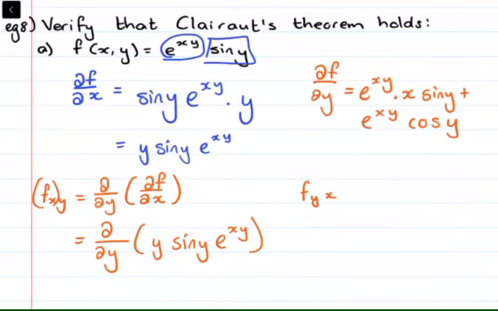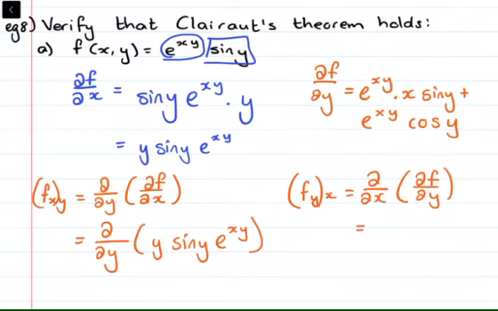So remember, this means that you have to do product rule 3 times because you have y sin y e^(xy). So y appears 3 times. And then here, what does it mean? This means that you have to find the partial derivative with respect to x of what you have already differentiated with respect to y.